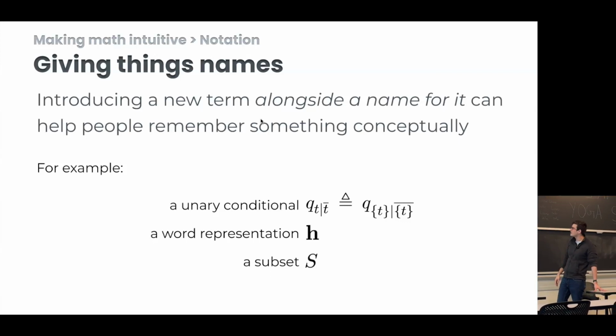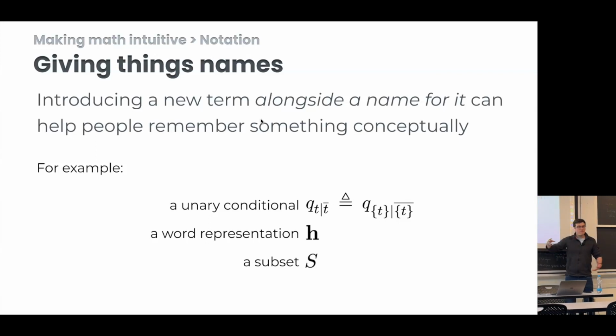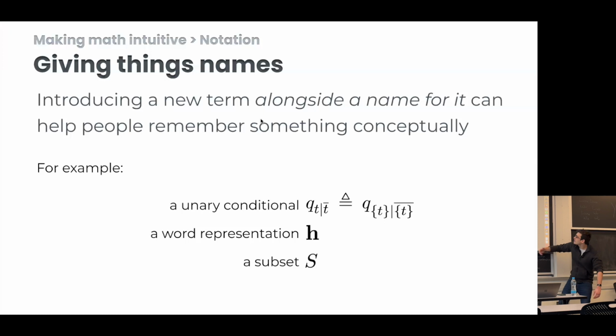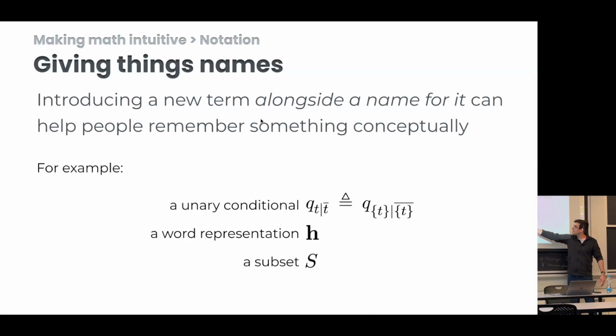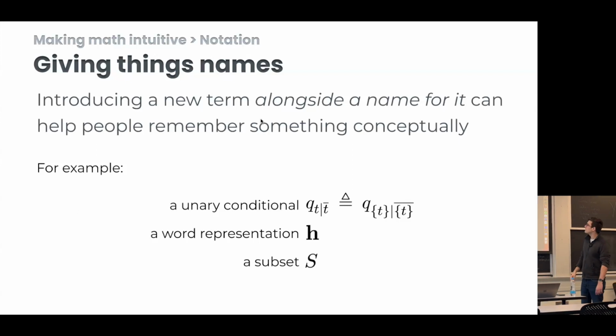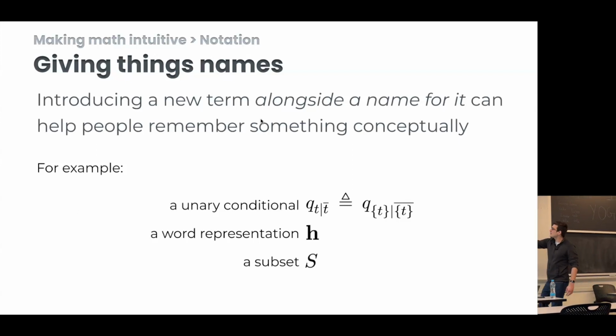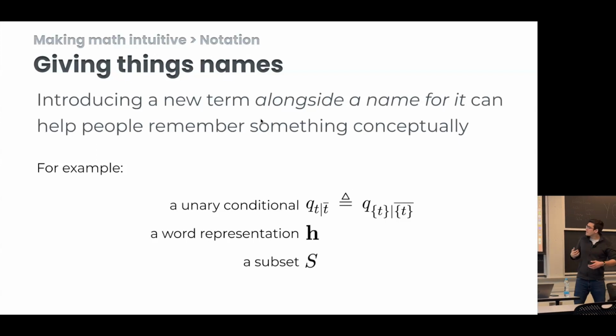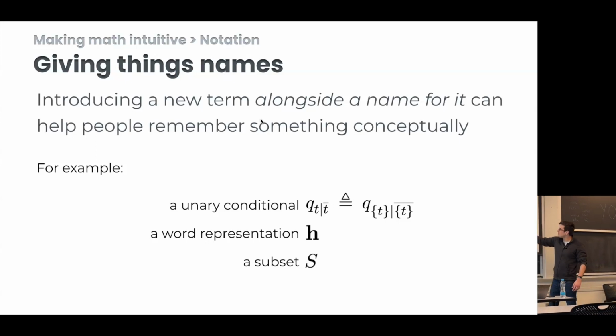In some fields that might be fine, but in machine learning, these things usually mean things we have a conceptual understanding for. We might define a subset S, or a word representation H, which is basically just a vector that represents a word. Being able to say "a word representation H" as opposed to "we take H and do this" helps prime people and remind people of what these symbols mean.